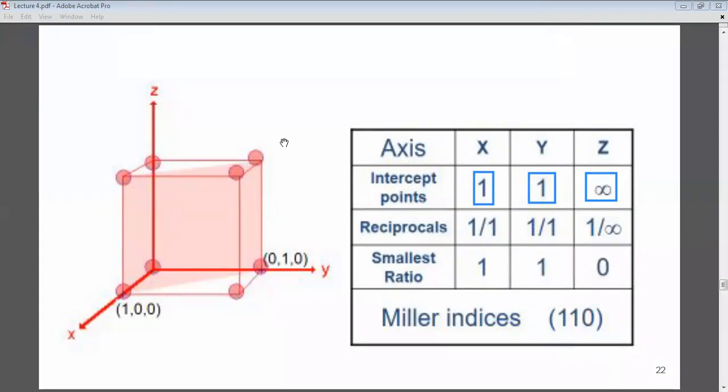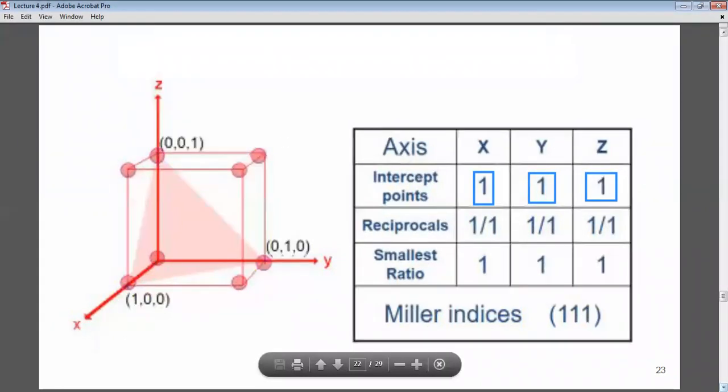Let's take another example. Similarly, this plane hits the x-axis at 1, the y-axis at 1, the z-axis at 1. So if I take the reciprocals, I get the Miller indices for the plane 1, 1, 1.